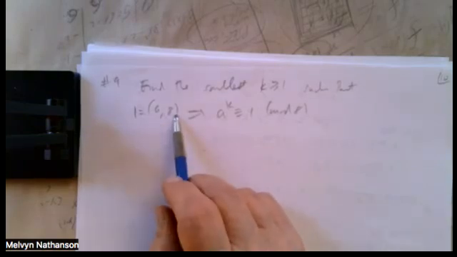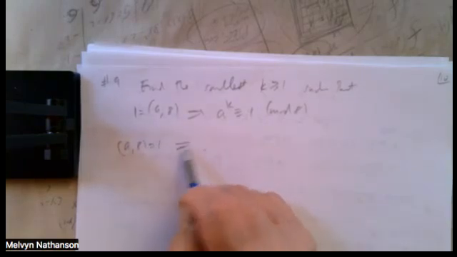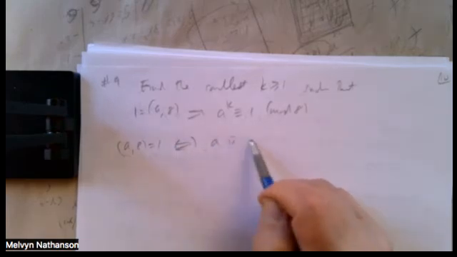So what does it mean to say a number is relatively prime to 8? A and 8 are relatively prime if and only if a is odd, right? Because an even number has common divisor at least 2 with 8. And every odd number is congruent to 1, 3, 5, or 7 mod 8.